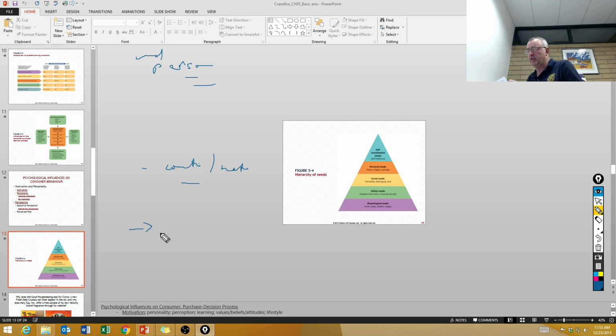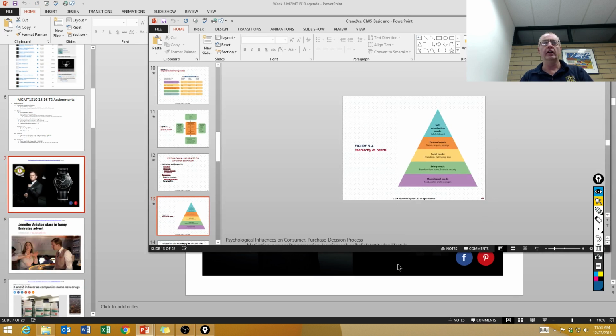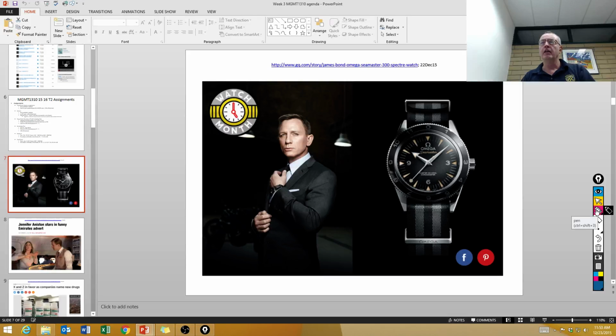So I have a couple of examples here. In late 2015, there was a new James Bond movie that came out, and the Omega Watch Company, I presume that they paid to have their watch worn in the movie, but marketers know that guys like to think of themselves as James Bond.